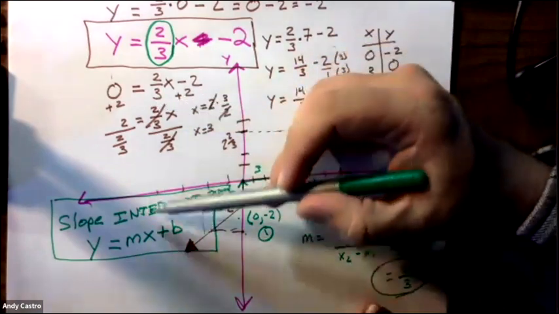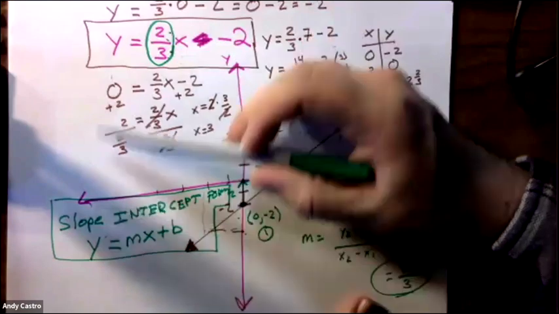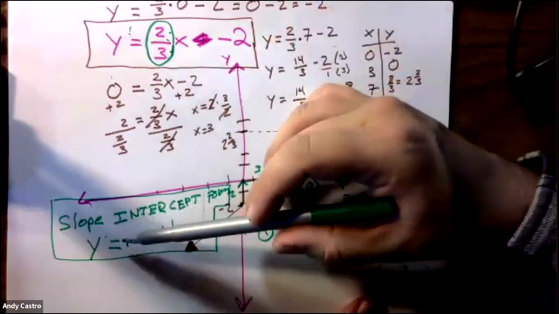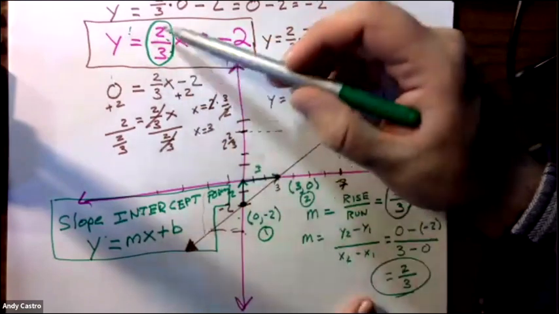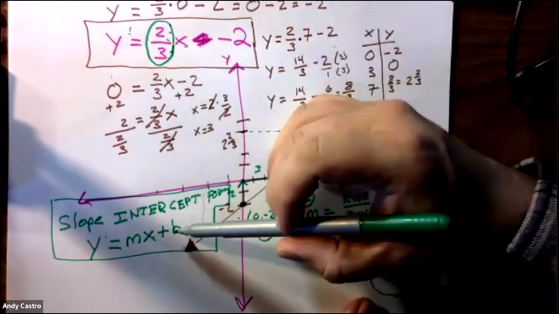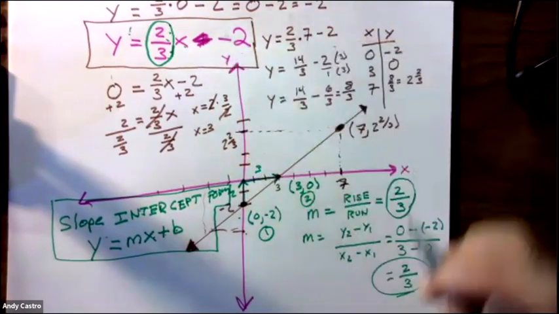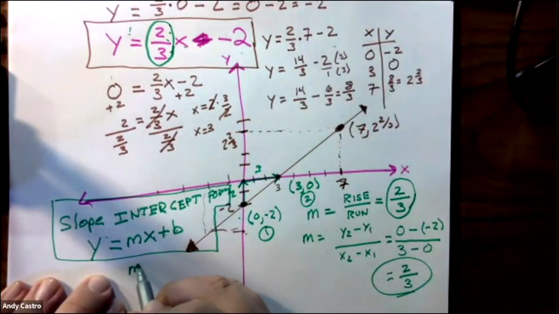So if we look here, the slope is 2/3. So y in our equation is equal to the slope times x. There's my x, and then plus b, but I have a minus 2. What is b? We know that m is the slope.